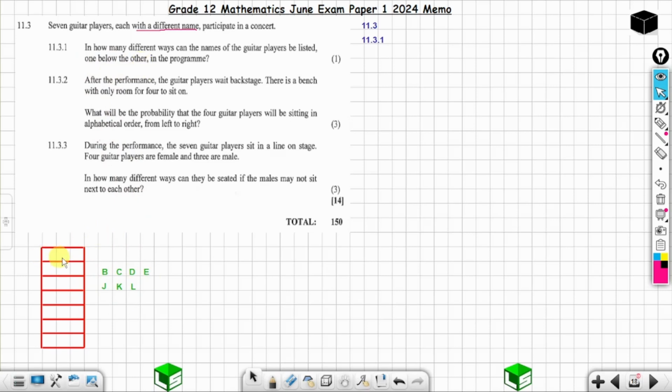So in the first place, I've got 7 options to choose from. I can put B or C or D or E or J or K or L in the first place.